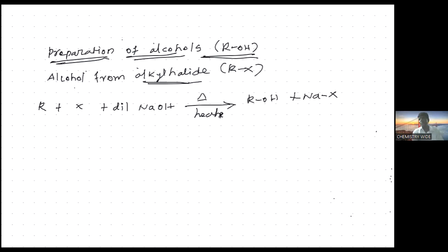This is called sodium halogen or sodium halide.